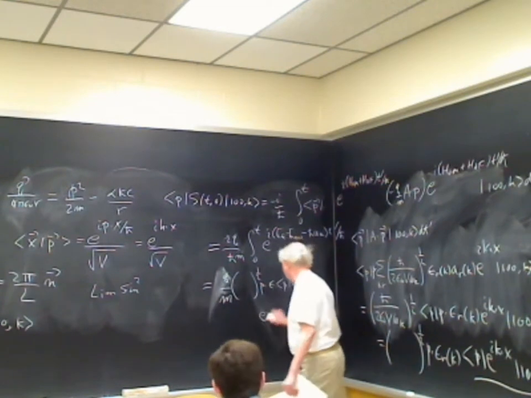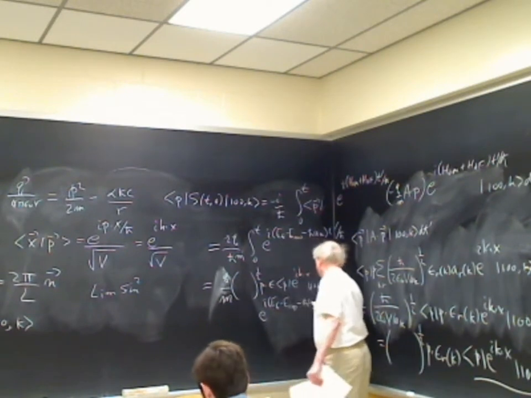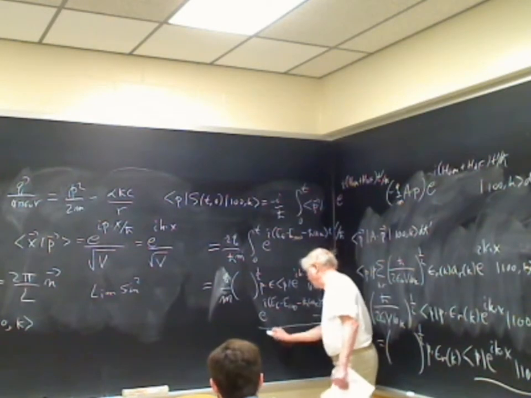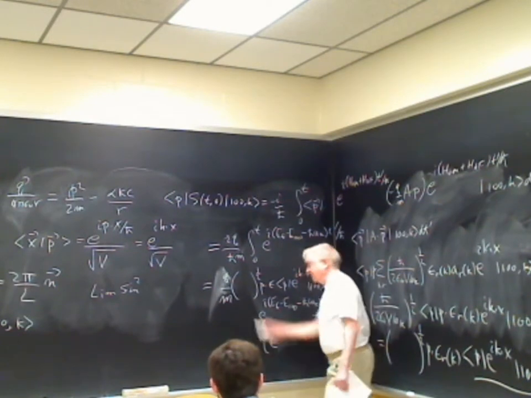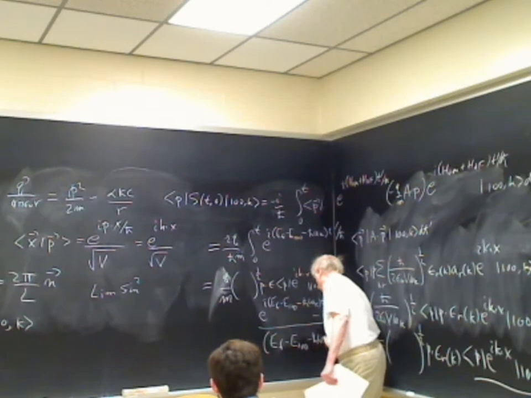And this integral gives us e^{i(E_final - E_100 - ħω_k)t} minus 1, over the energy denominator after canceling the i over h bar: E_F minus E_100 minus ħω_k.